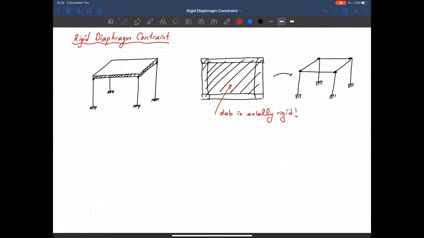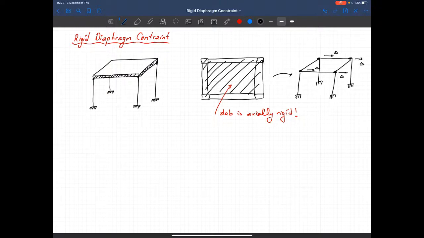Which means that if this node translates by some delta amount, just forget about the rotation of the slab, I will see the same translations at these ends. So all the nodes, all the columns, the top of the columns move the same amount.